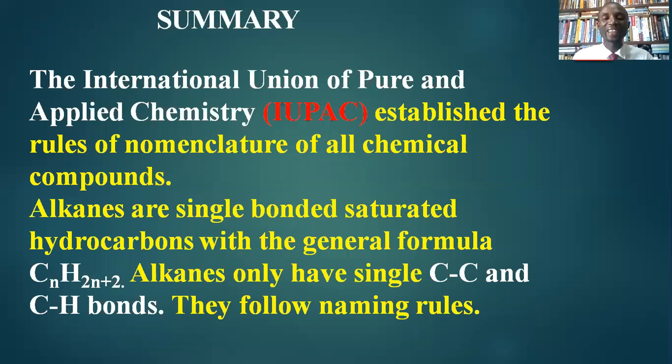Alkanes are single bonded saturated hydrocarbons that have the general formula CnH2n+2, and they have only single bonds, carbon to carbon or hydrogen to carbon. Their naming follows rules. You don't just name it anyhow, and that full set of rules is what we call IUPAC nomenclature.